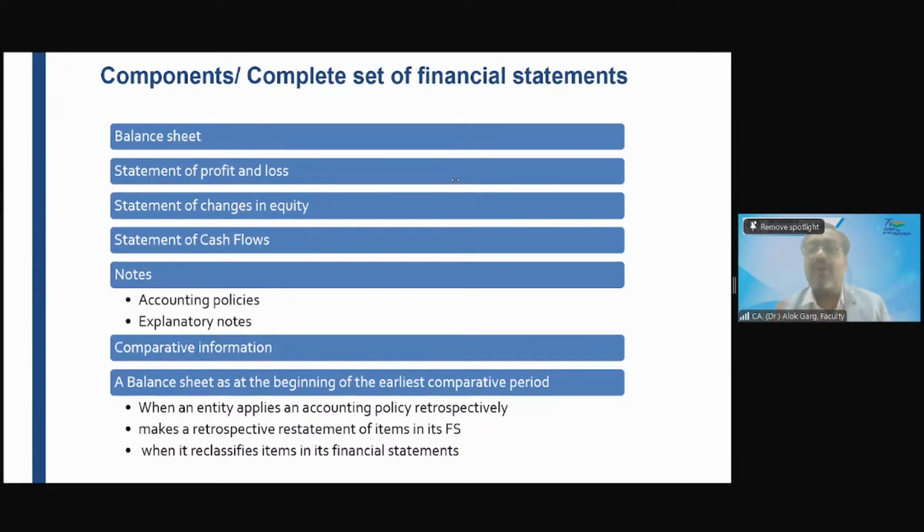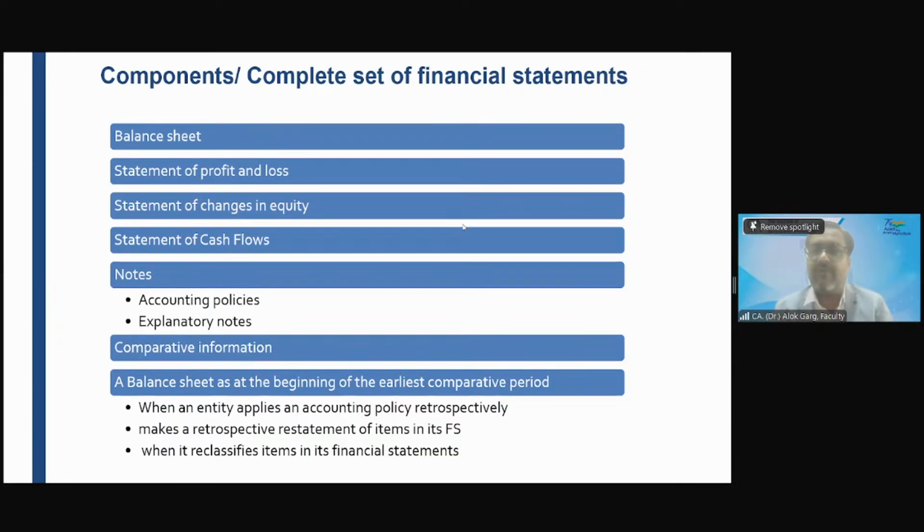Earlier the company was spending very petty expenses for stationery, so they were clubbing it into other expenses, but now it is exceeding the threshold of 1% of revenue or 10 lakh, whichever is higher. Hence the company is required to disclose this printing and stationery expense separately in the notes to accounts. So this 1% of revenue or 1 million is only for the purpose of disclosure of P&L items in the notes to accounts separately, right?